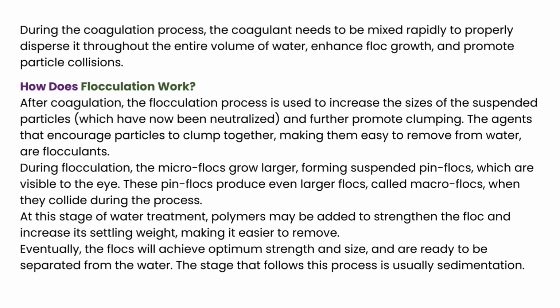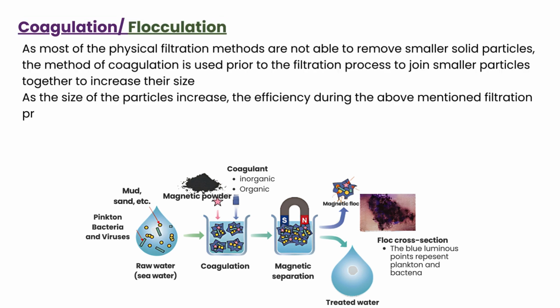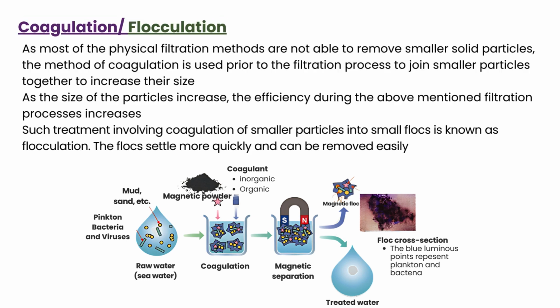The agents that encourage the particles to clump together in flocculation, making them easy to remove from the water, are flocculants. During flocculation, microflocs grow larger, forming suspended pin flocs which are visible to the eye. These pin flocs produce even larger flocs called macroflocs, which collide during the process.